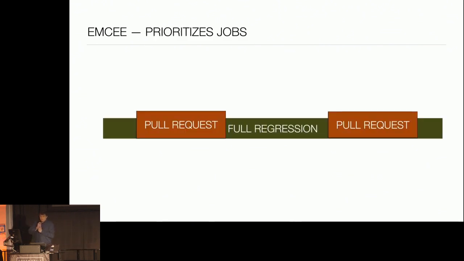It has a prioritization feature as well. Imagine a full regression build takes 1.5 hours to run 800 tests multiplied by 3. But if a pull request comes in, we put the full regression on pause. We run UI tests from the pull request quickly, and then full regression continues.